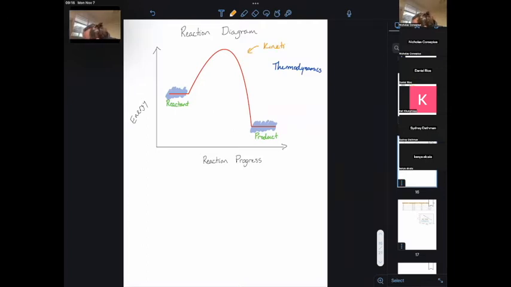When we introduced kinetics, we returned to this, but then we switched gears and started looking at data, and we haven't really talked about this plot since. So how does that curve in the middle correspond to the kinetics of a reaction? This height here, starting at your reactants and going up to the tippy top of that curve, is what's called the activation energy.